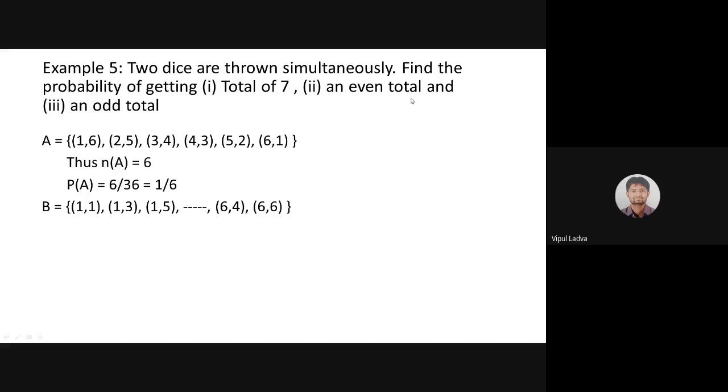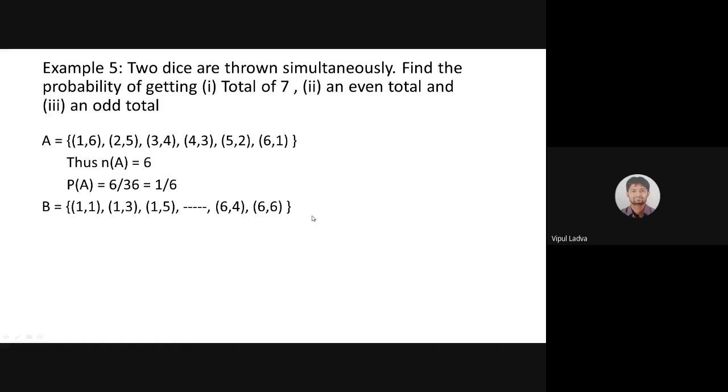For event B, the favorable cases, when I get an even total: (1,1), (1,3), (1,5), (2,2), (2,4), (2,6), then (3,1), (3,3), (3,5), (4,2), (4,4), (4,6), likewise (6,2), (6,4), (6,6). Out of the 36 ordered pairs, 18 will have an even total and the remaining 18 will have an odd total.